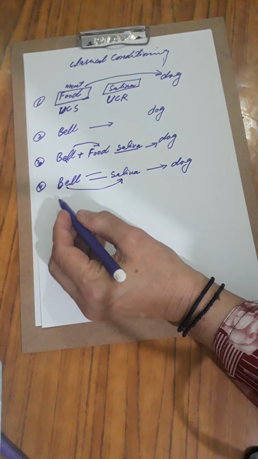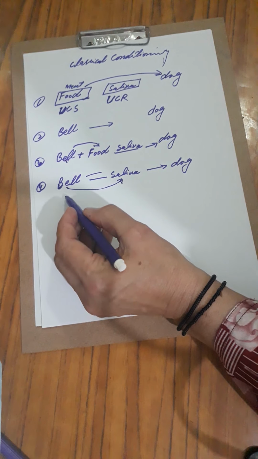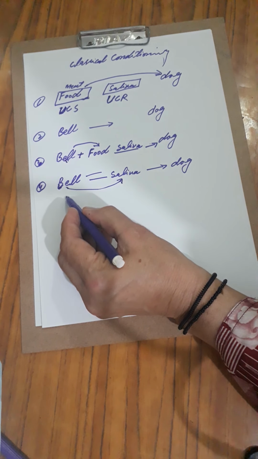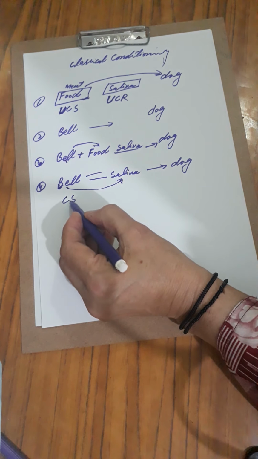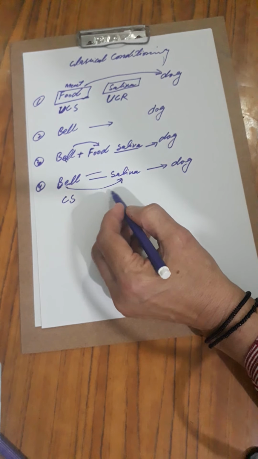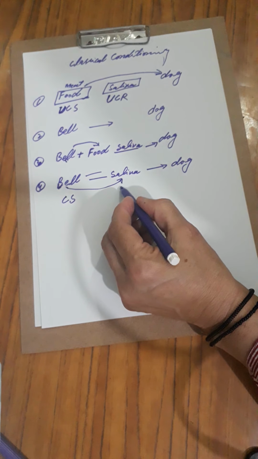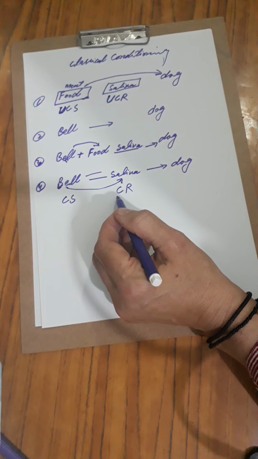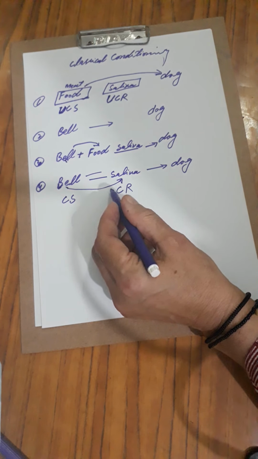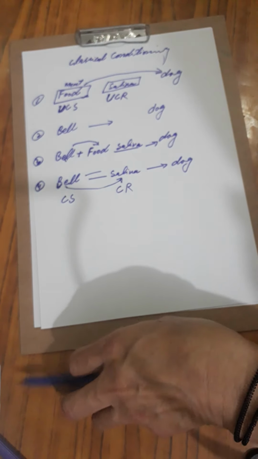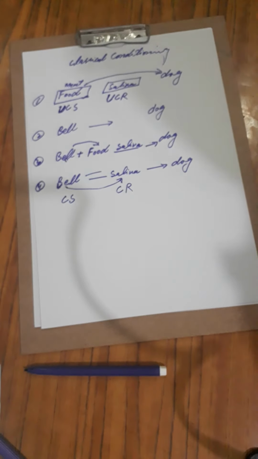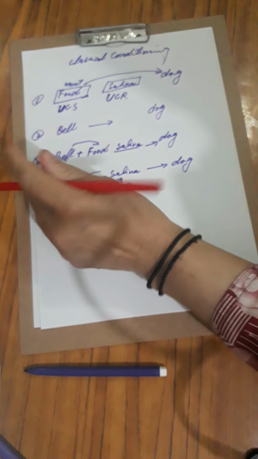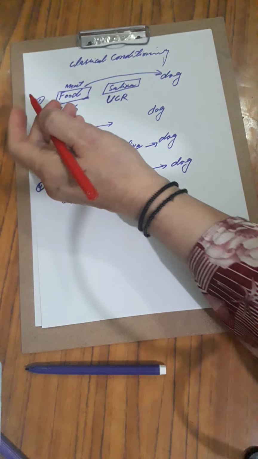In the end, he says that conditional stimuli can be produced by conditional response. So he differentiated this experiment into three different steps.